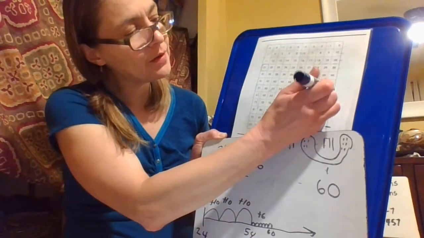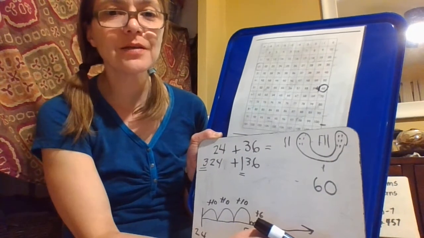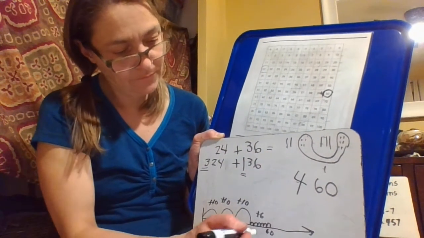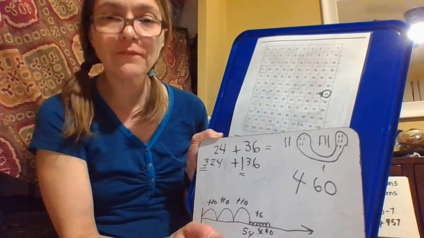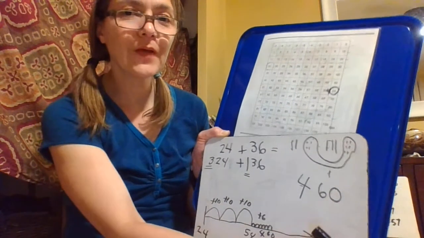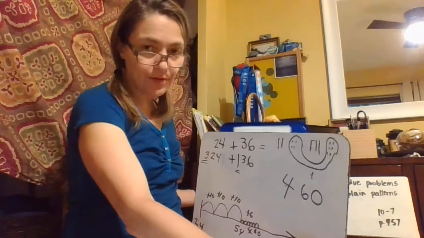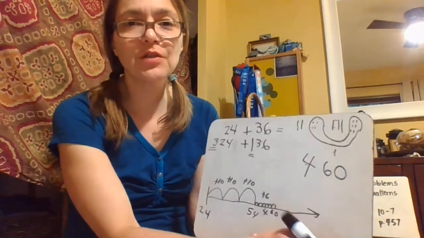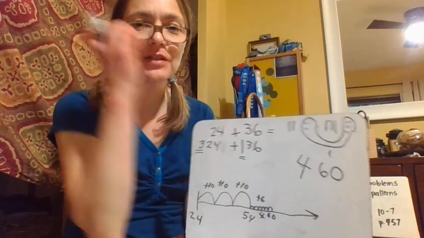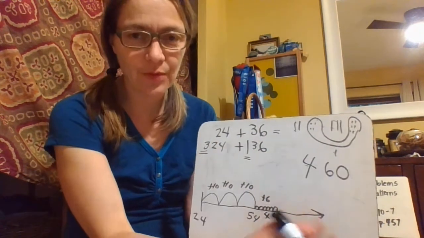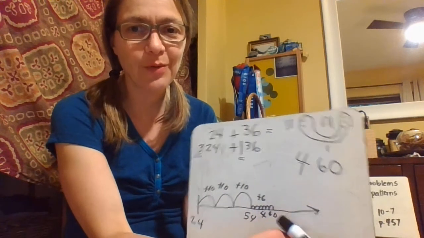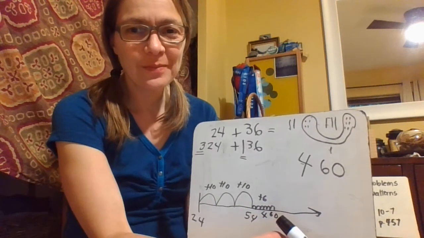So we would add that in, the 460. Okay, and noticing these patterns is going to help you do addition more quickly and more efficiently, especially as the numbers get greater and the digits get greater. And now we're working in 3 digits.